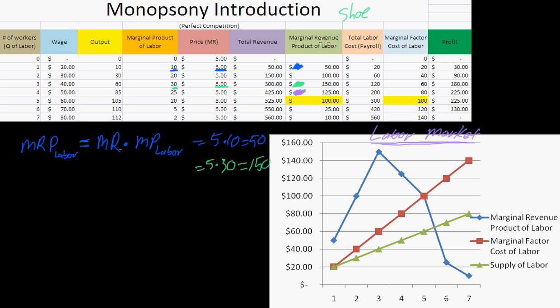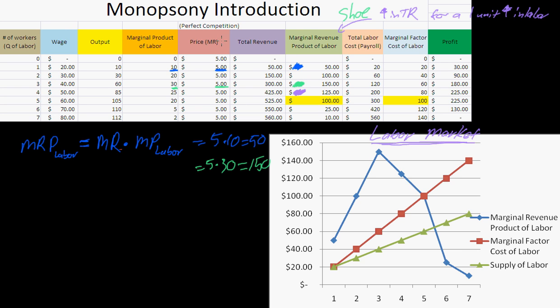The marginal revenue product of labor is, by definition, the increase in total revenue for a 1 unit increase in labor.